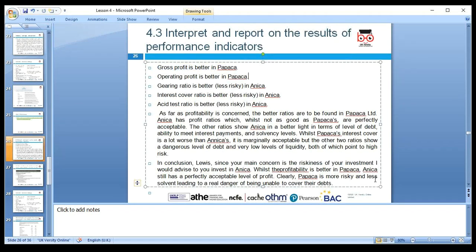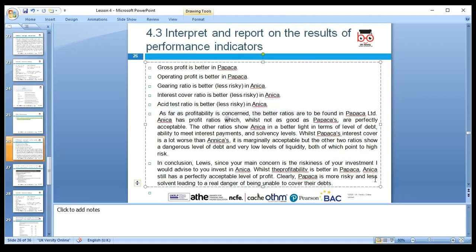Then next we have 4.3, the result interpretation, which we discussed for the company Paprika. Paprika was better in gross profit and operating profit. Anika is the less risky company because their gearing ratio was low and interest cover ratio was high, so that is less risky. And the asset turnover ratio was better compared to Paprika. So, comparing based on all ratios, as far as profitability is concerned, better ratios are found in Paprika.